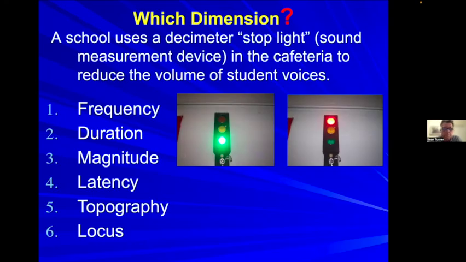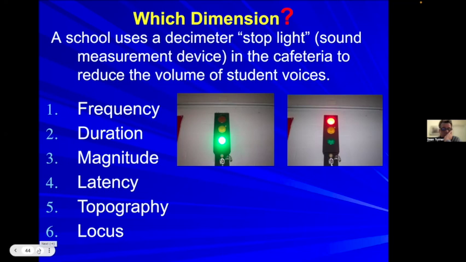We see in the chat a number of people putting their bets on magnitude. And yes, indeed, I used to work in a school that had this sort of stoplight thing going on.